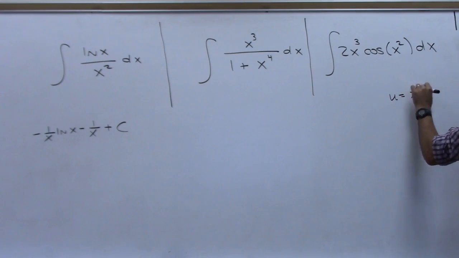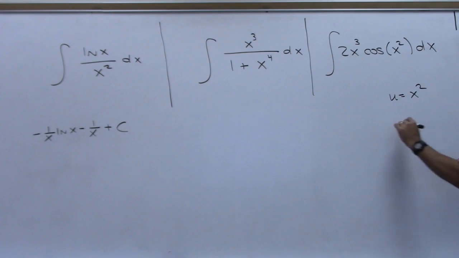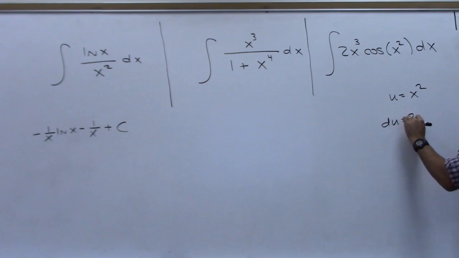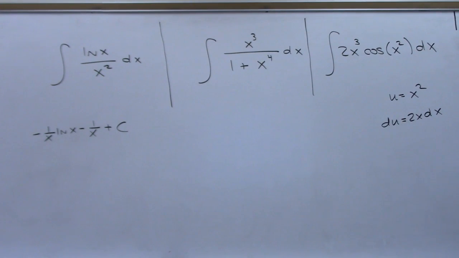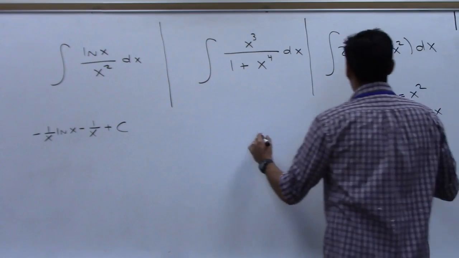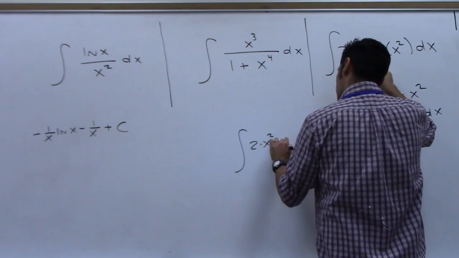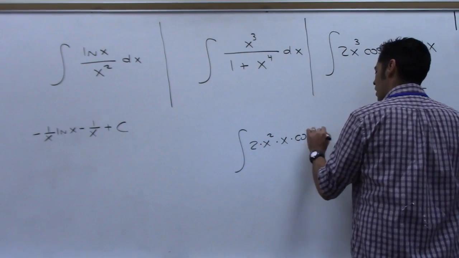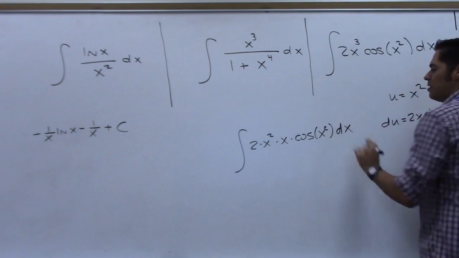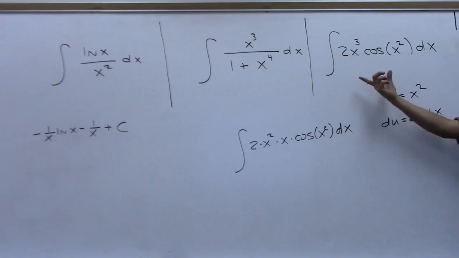Substitution u is x squared, which doesn't seem very natural. The derivative of that is 2x dx, right? Which you don't have there. Well, yes, you do. If you rewrite the integral as 2 times x squared times x times cosine x squared dx, that's the same thing, just peeling the x cubed apart.